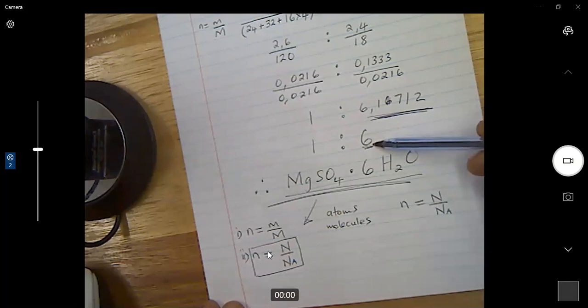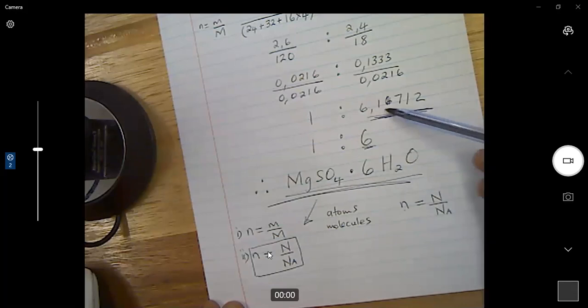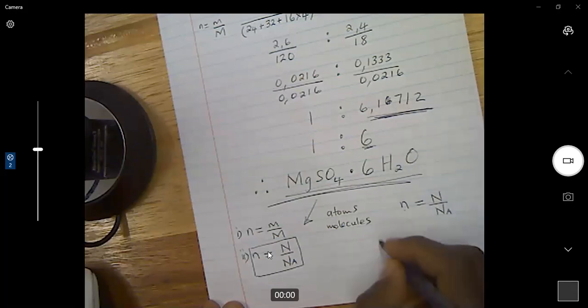Since our 6 is not our final answer, it might not be necessary to round it off here. You can take that number that you have because we're still going to use it. So don't round off here. You can just take that 6,1712 so that we don't perpetuate that error.